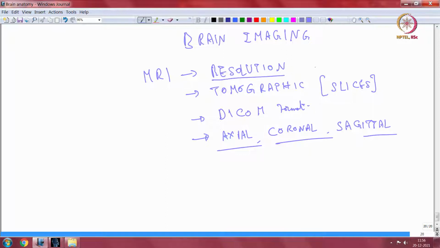When we spoke about resolution, we spoke about slice thicknesses and overall resolutions of 0.6 mm between two structures. It is nowhere near what we as surgeons require, and what many people who do diagnostic imaging require, but it's the available resolution. So tomography is interrogating tissue in slices.